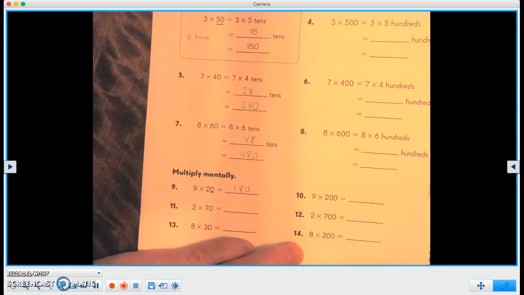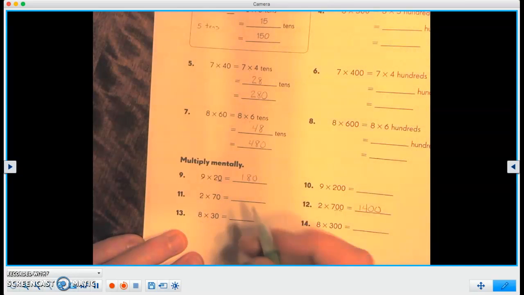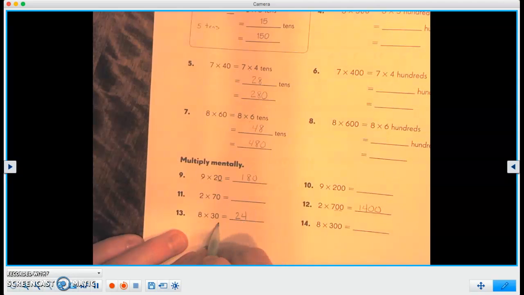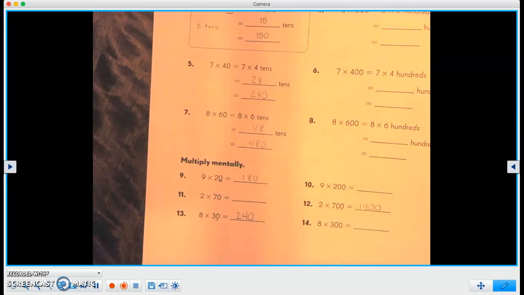Now that may seem tricky, but 2 times 7 equals 14. Add in the 2 zeros at the end. Now we have 14 hundreds, okay? And 8 times 3 tens. Well, 8 times 3 is 24. But it's 24 tens, so we need to add our 0 back in to make it 240.